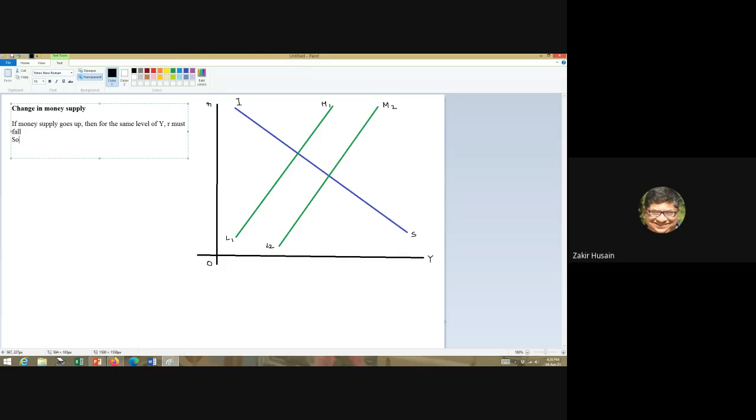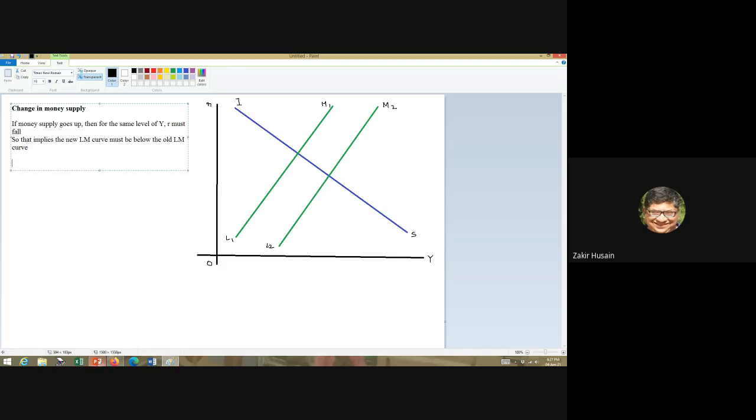So that implies the new LM curve must be below the old LM curve. There must be a downward shift. And you can see as a result of this change, we are below the LM curve.